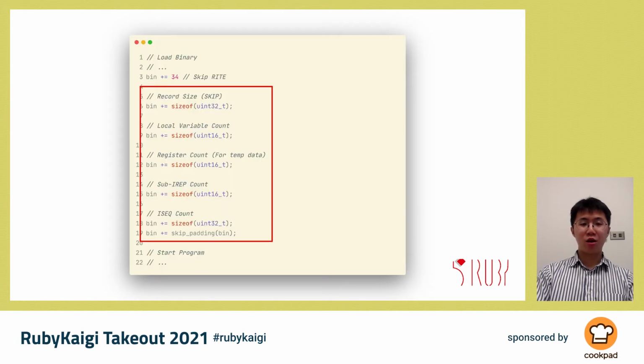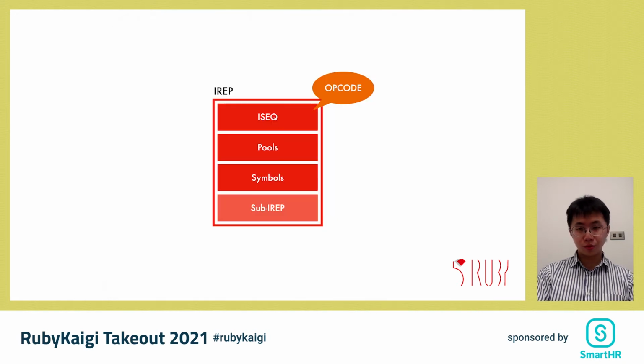The IR still has a header, and the header provides the local variables and the registers. These are temporary variables you need to run your code, and some code blocks inside it. This is your mruby defined block, so you need it. And the last part is the ISEC, which means your OP code inside it.